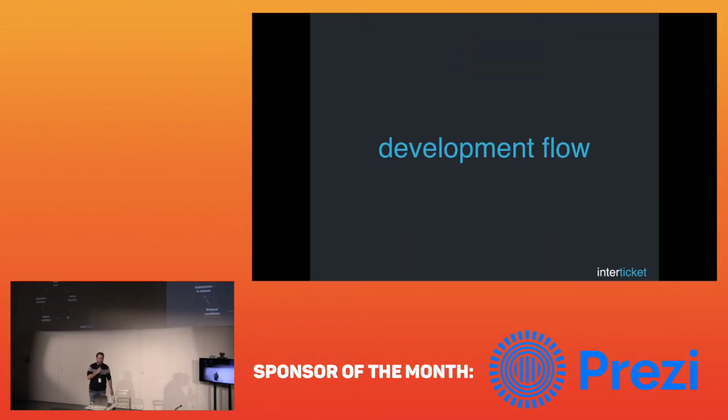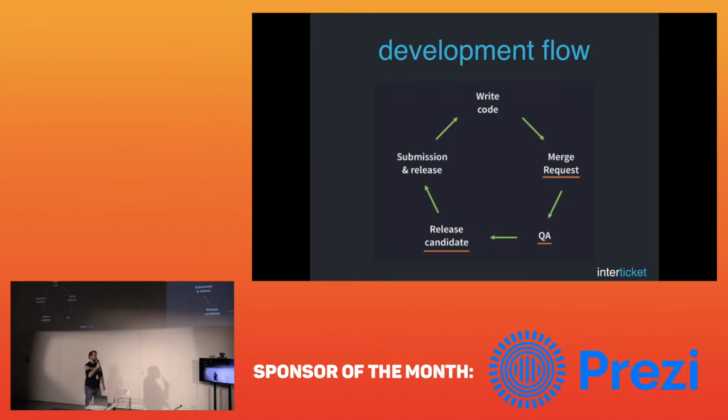So the development flow that we are using at InterTicket is something like this. We write code, then we open a merge request about that piece of code. We pass this to QA, and after that, if it passes the process, we will create a release candidate from that, and we prepare for submission and release with that merge request.